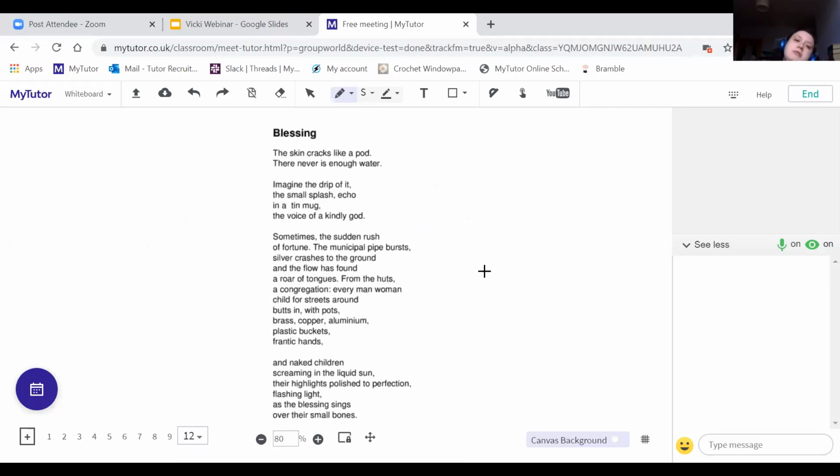Now, why do you think Dharker chooses to have two simple sentences as her first stanza? What is the point of it?